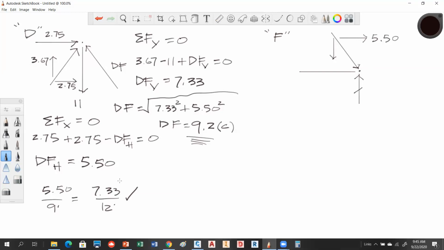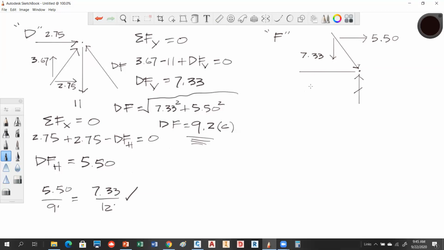And the vertical component was what? 7.33. You guys would have to look, what was this member right here? That was member EF. I can tell you this, looking at that, that better be tension. Did you say EF? I did. Yeah, it was tension, it was 5.5.